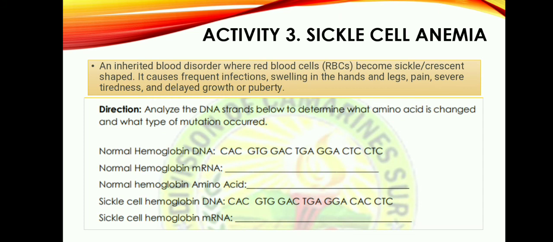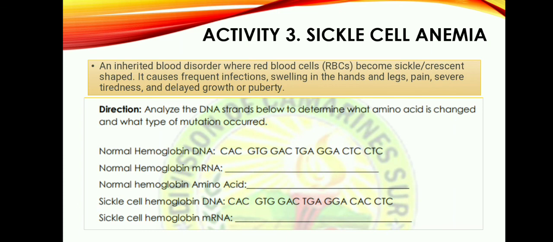You are going to analyze the DNA strands below to determine what amino acid is changed and what type of mutation occurred. From this normal hemoglobin DNA, we have CAC, GTG, GAC, TGA, GGA, CTC, CTC.